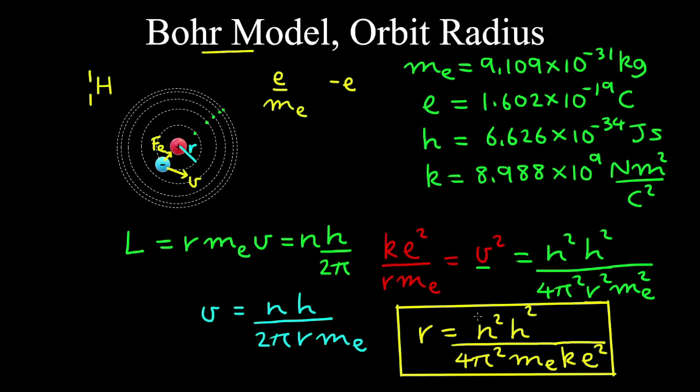So if you substitute n equals 1 into this equation, you'd get the radius of the first orbit, which is the ground state, as 5.3 by 10 to the minus 11 meters, or 0.53 angstroms.